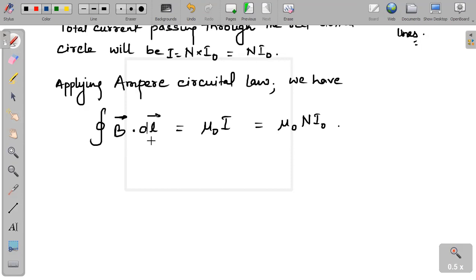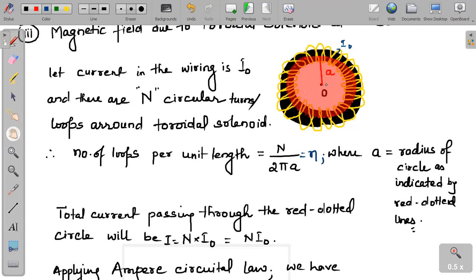B vector is going to be either into the plane or out of the plane at this point. Therefore, B and dl are going to be along the same direction or along opposite direction.